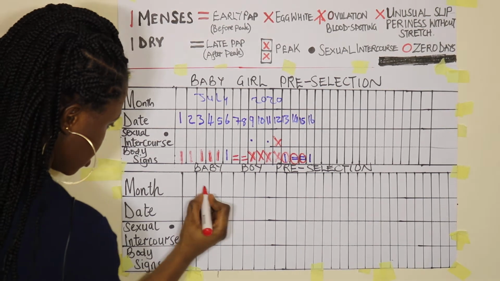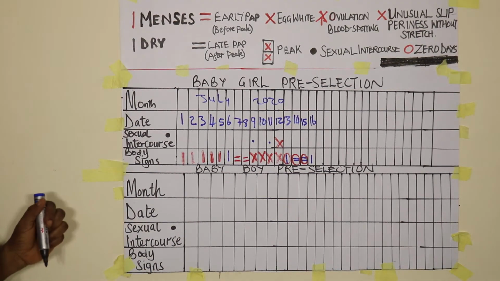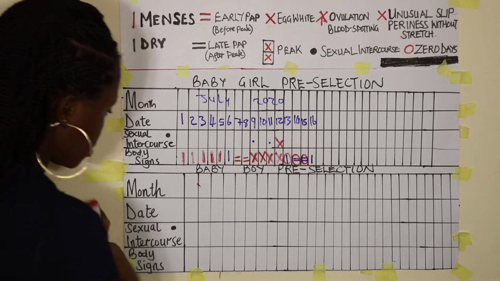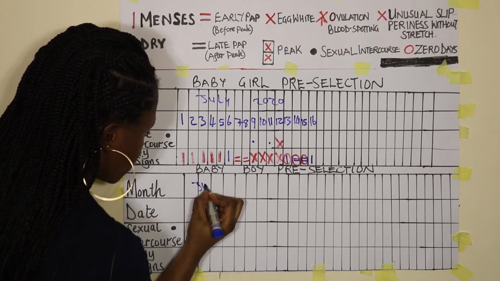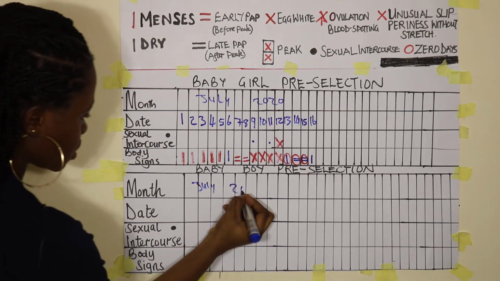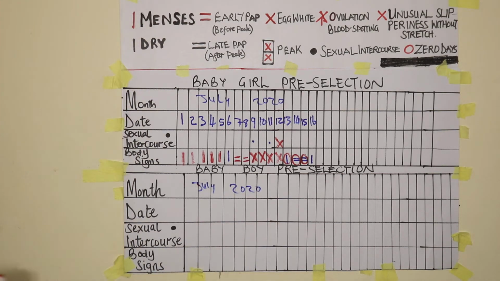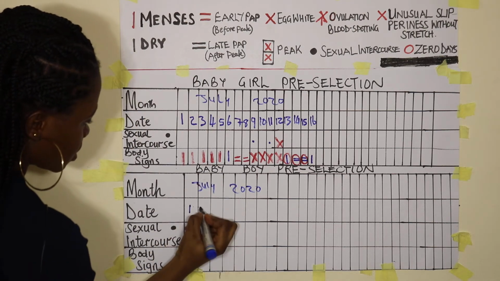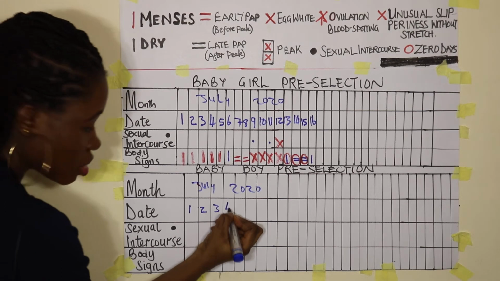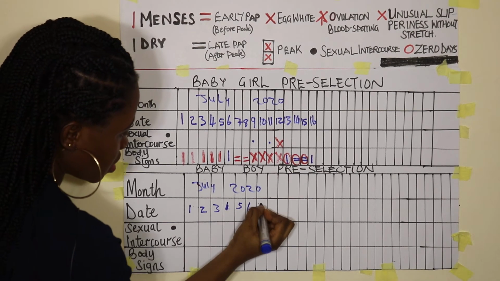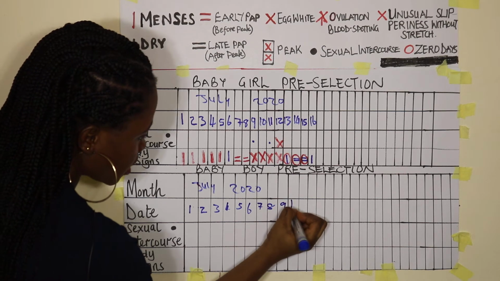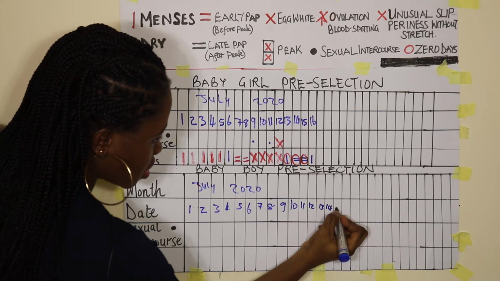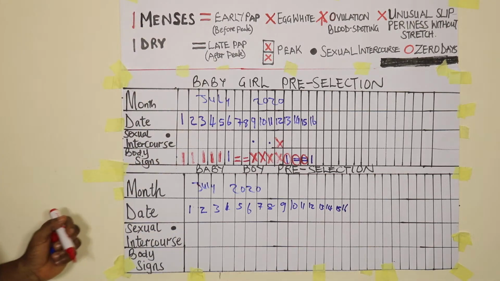So what I'm going to do now is just bring these body signs down. So let's just have our July here, 2020, for baby boy, and then our dates, July 1st, 2nd, 3rd, 4th, 5th, 6th, 7th, 8th, 9th, 10th, 11th, 12th, 13th, 14th, 15th, and 16th.